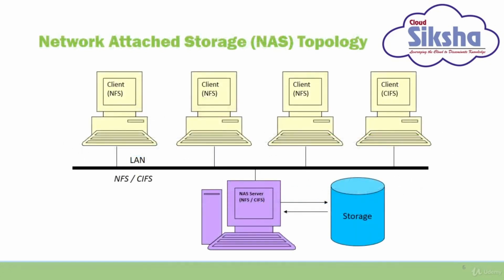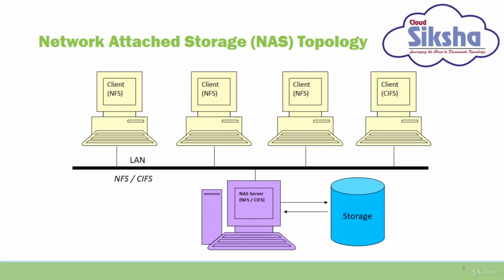Next comes the network attached storage. So let me explain this by the diagram here. In this case, we have a lot of servers which are called NFS clients, or clients here, and they are on a LAN, or a local area network. They are connected to what is known as a NAS server.